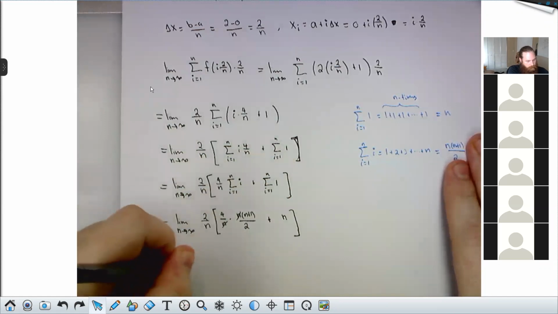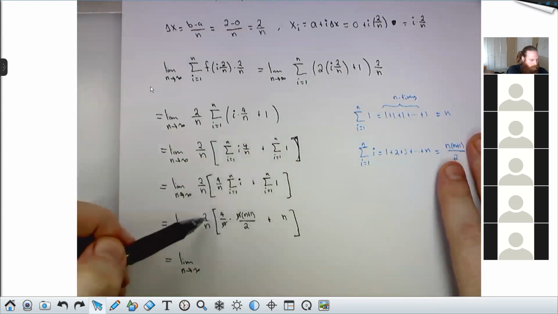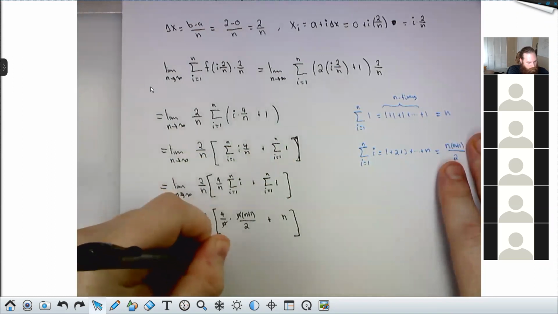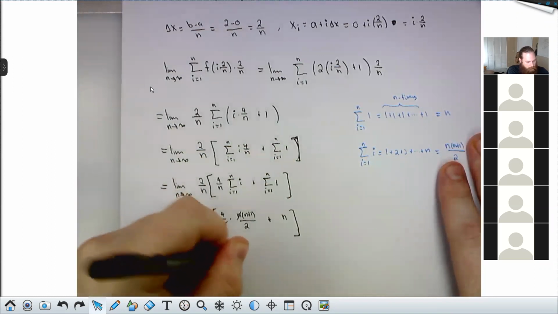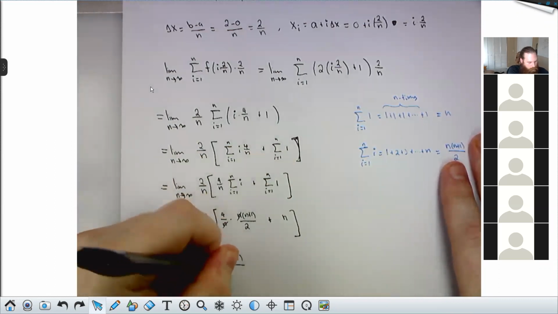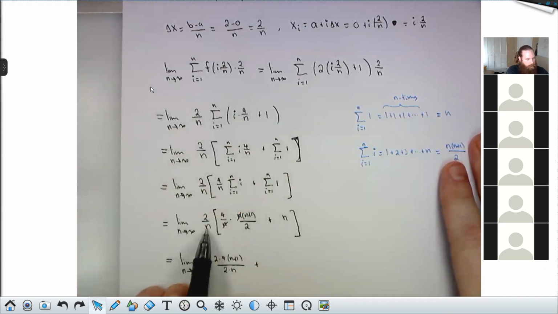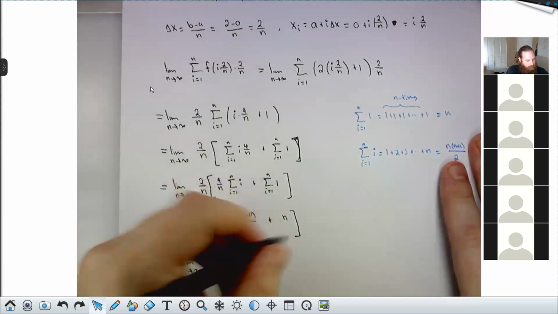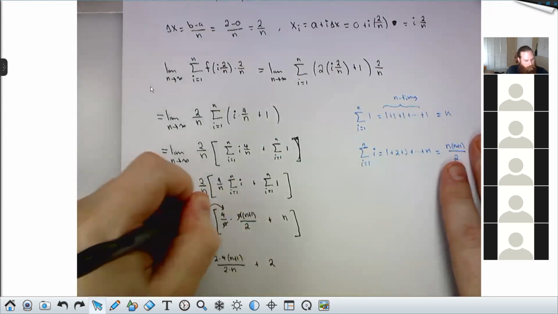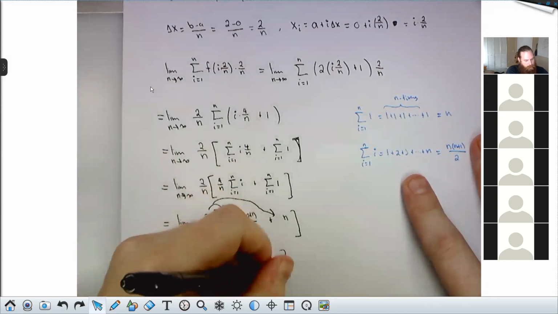So I get the limit as n goes to infinity. See, these n's have canceled. Here I'll have 2 times 4 times n plus 1 over n times 2, or 2 times n, plus 2 over n times n, which is just 2. So we distribute, and we get this.